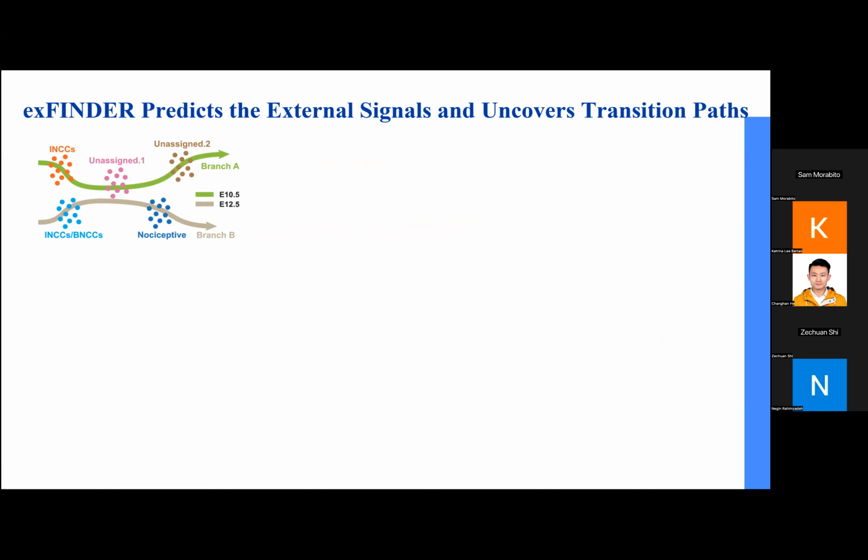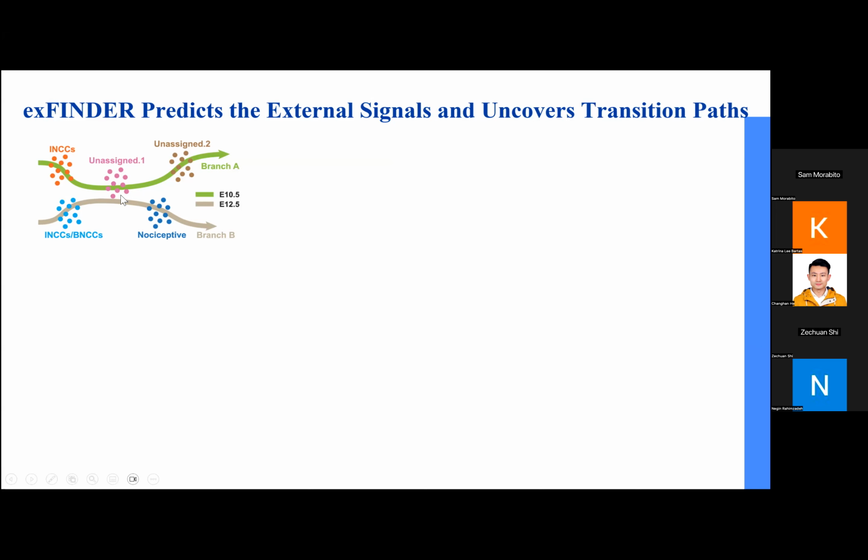Also on this data set, Expounder can uncover the transition path. For example, as shown in this picture, this is the dark blue cell group. It can come from this unassigned cell group 1, or it can come from the light blue boundary cap cells.